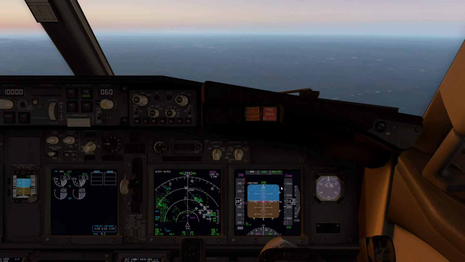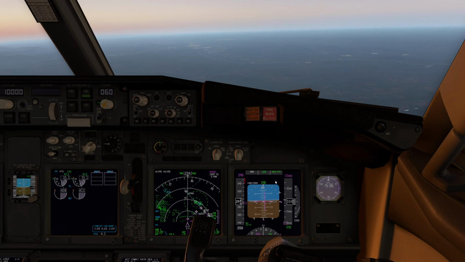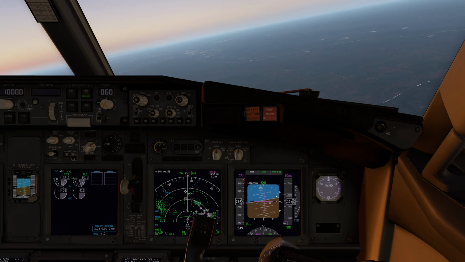However, I would recommend to first understand what VNAV is doing before setting it up like this, because we are humans and we are prone to errors, and it's always nice to understand what you tell VNAV to do before just blindly pressing some buttons and not understanding what VNAV is actually doing, because if you make a mistake later on, you never know basically if VNAV is doing a good job or not. And here, because you knew what you were doing, you can always cross-check if VNAV is doing a good job.